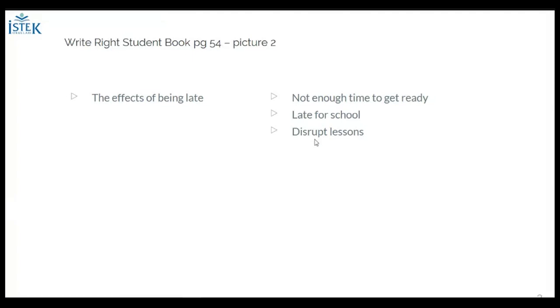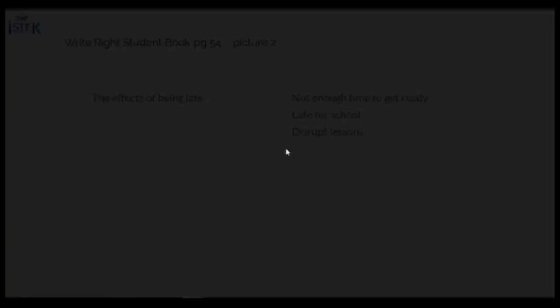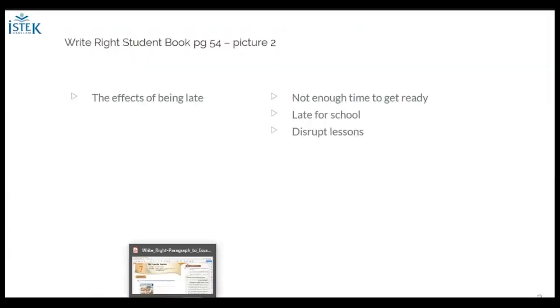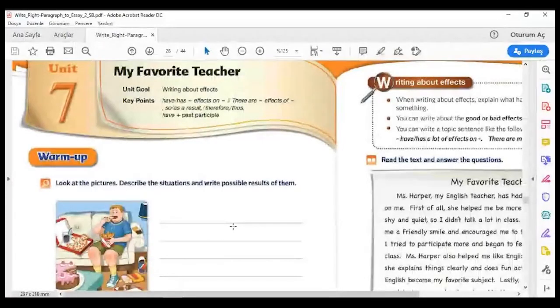Now, again, after the lesson, you will write possible results or effects of being late, and you will add to this. We will now move on to page 55.